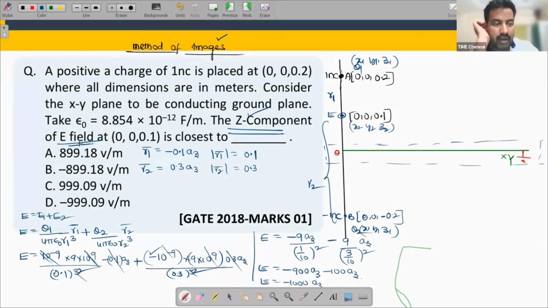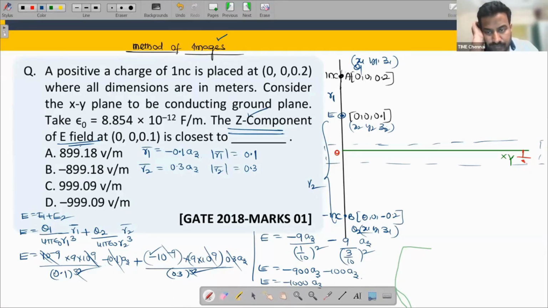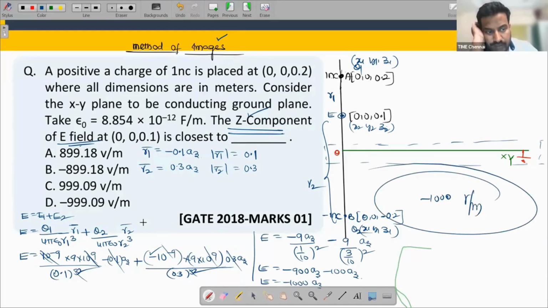So the Z component of electric field will be closest to minus 1000 volt per meter. The one which is very close to minus 1000 is minus 999.09. Refer. Option D is the answer.